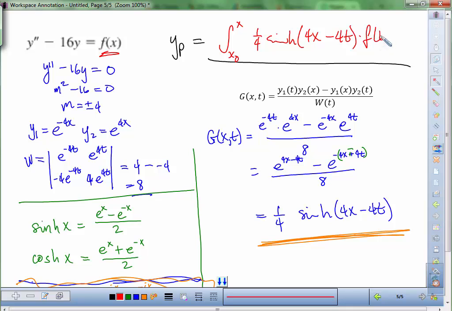And the t and the x, remember you've got to get that straightened out. If you put the wrong variable in, then it's going to be incorrect. Since we're treating this as a variable of t, we're going to need to put in f of t, not f of x.